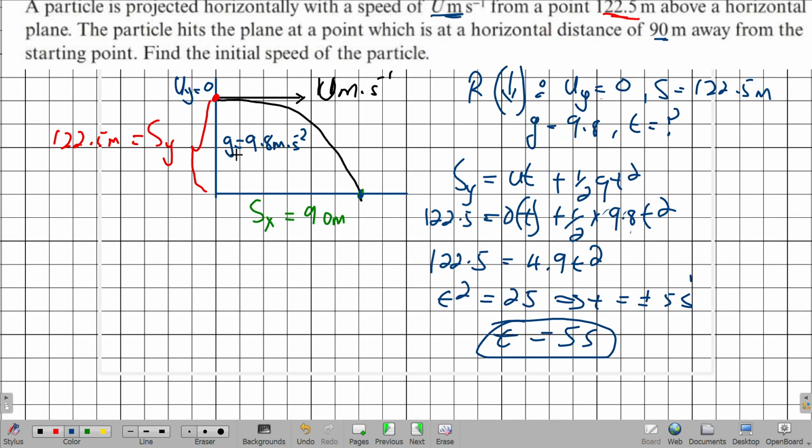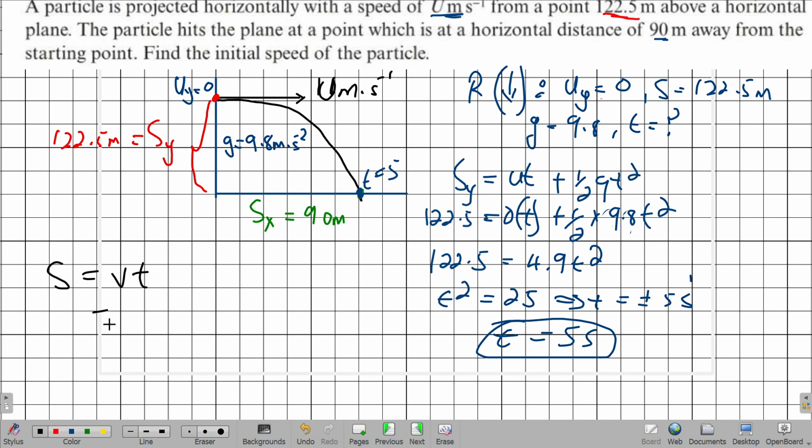So we now know that this projectile takes 5 seconds to get to this point here, which is vertically 122.5 and horizontally 90 meters. So the question says find the initial velocity. To find the initial velocity, we are going to say horizontally, since acceleration is 0, displacement is just v times t, which you usually call distance is speed times time.